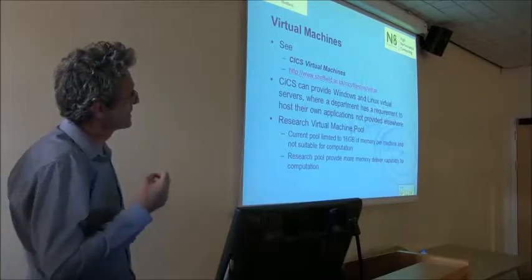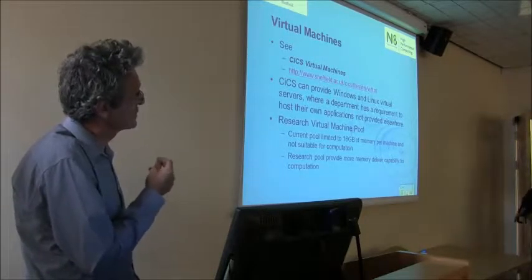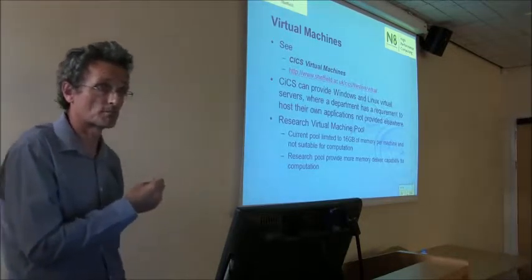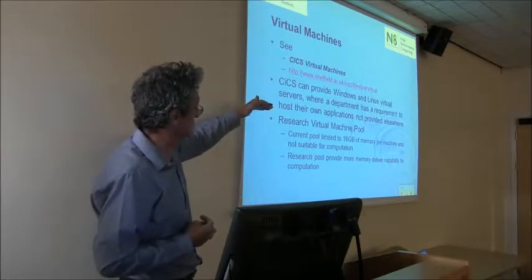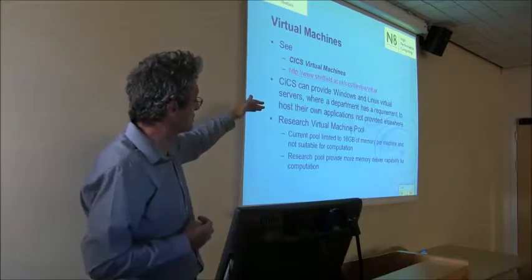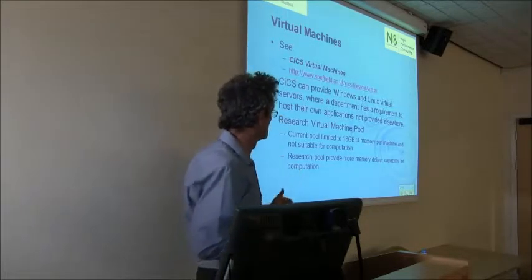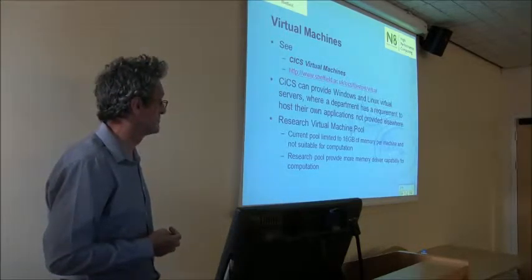We've been doing that for a while, but the machines that we've supported are not really suitable for computation. So our next development is a research virtual machine pool. So you can now use our virtual machines for computation and for larger memory tasks as well.